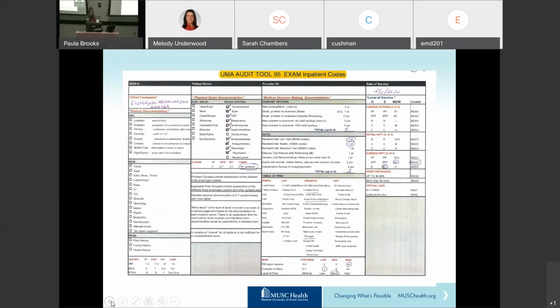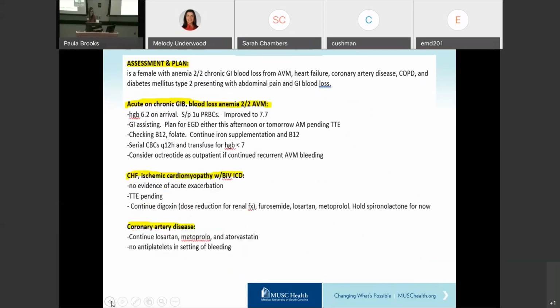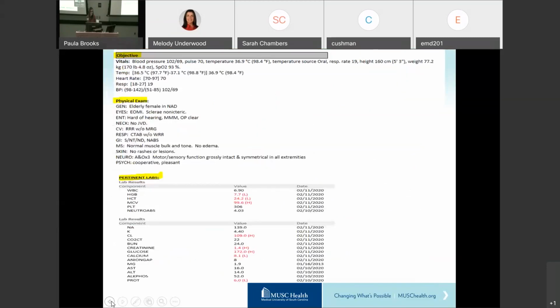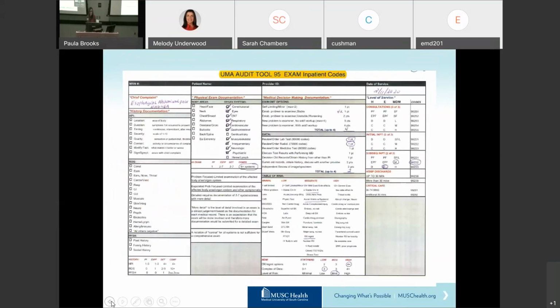In the data section, they did talk about an X-ray, and we had labs back here. So in putting that together, we have 4, and then in the data section, 2 with the radiology and the labs.